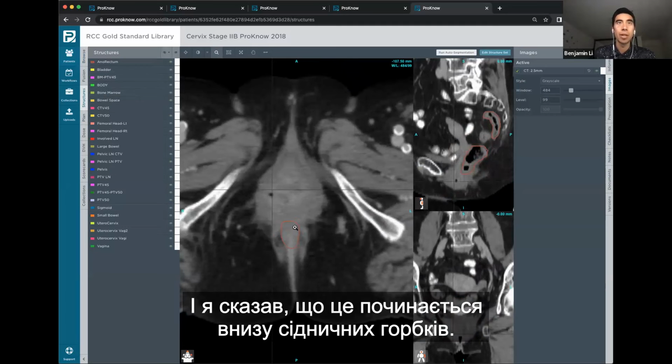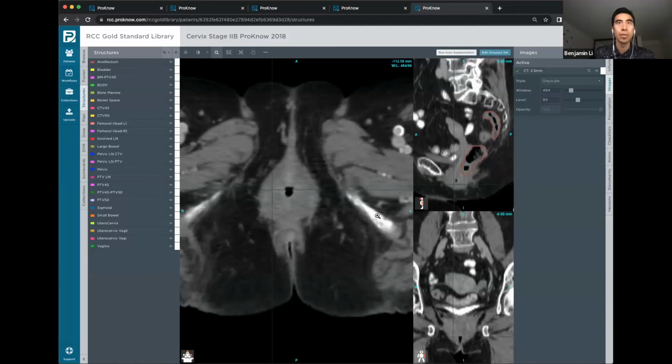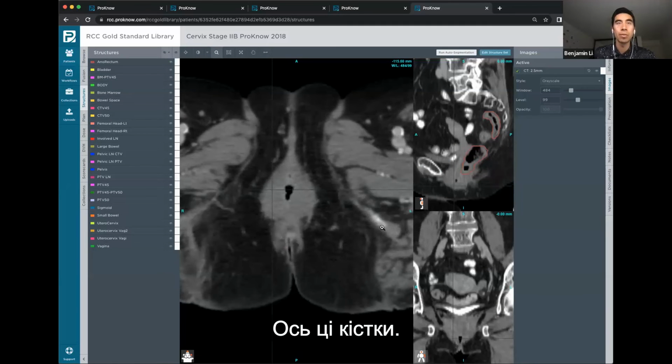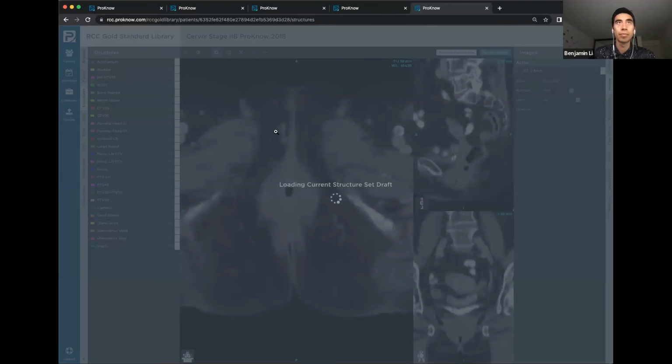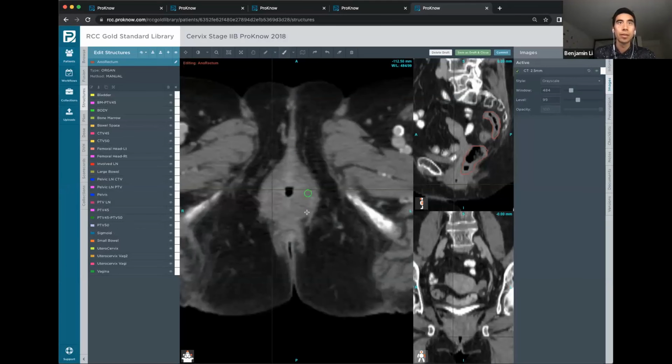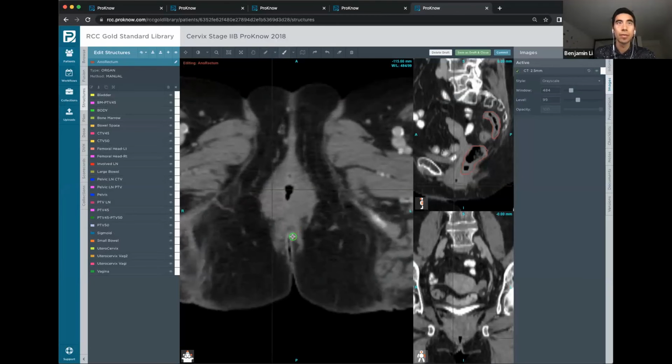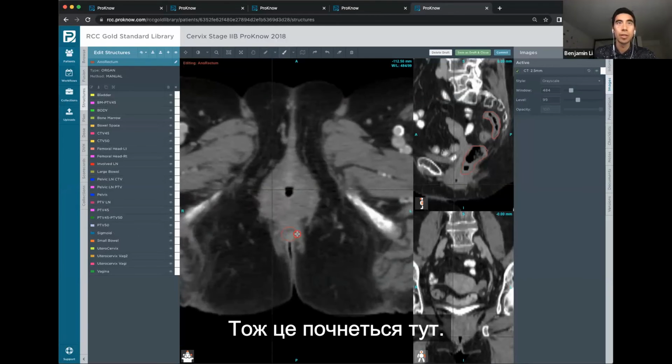And I said it starts at the bottom of the ischial tuberosities. So those are these bones. So it would start here.